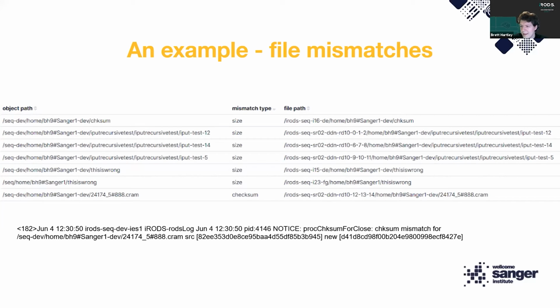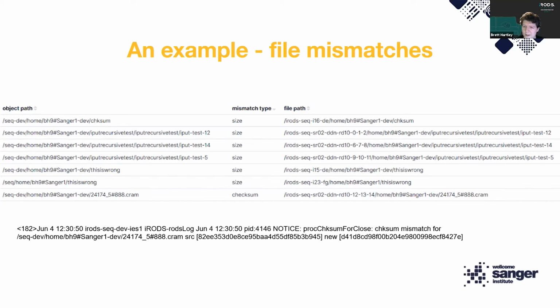So the problem becomes not preventing them, but finding out when they happen, because the user might not tell us. They'll just see the issue and go, all right, I'll try something else. There might be a copy somewhere else in the institute, or they might just specify the other replica. There's plenty of ways around it.